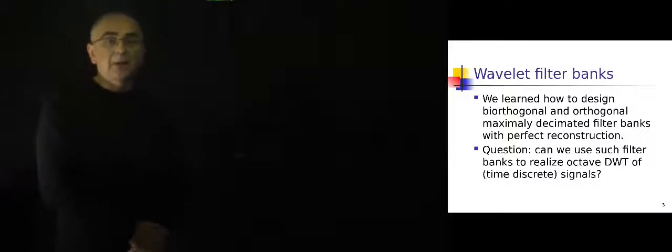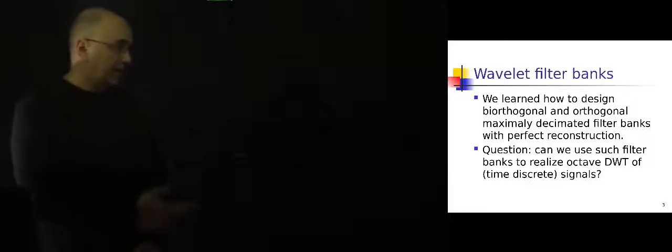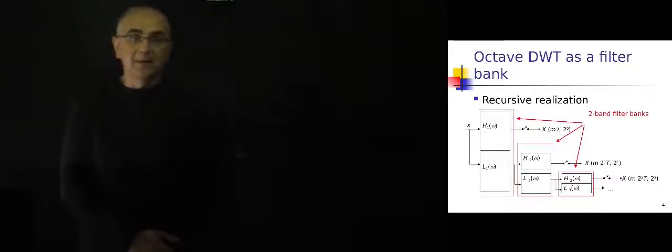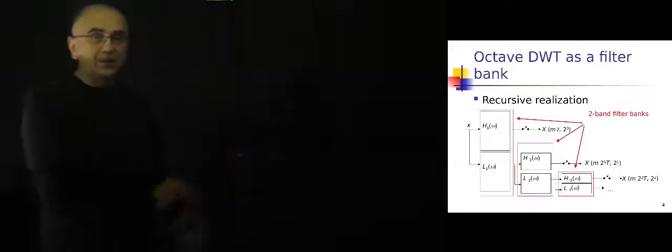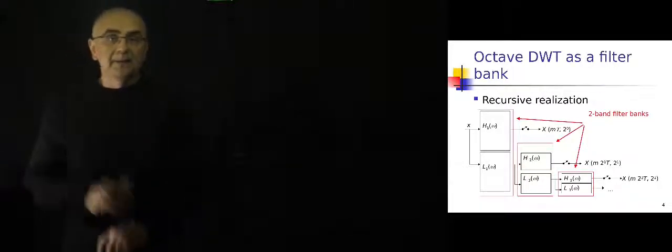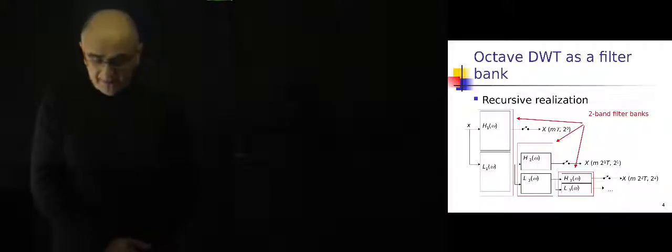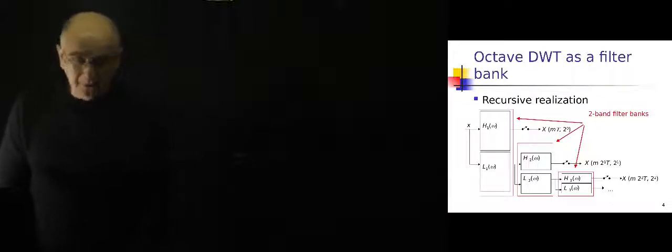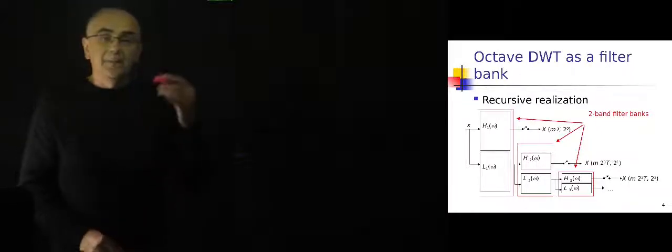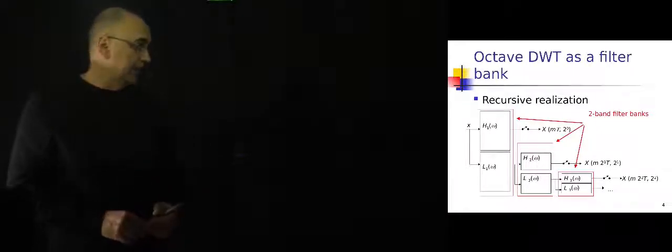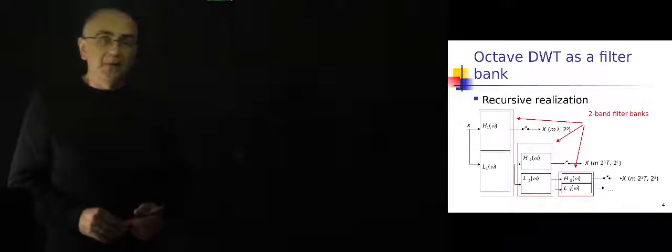So let's start with some kind of the optical resemblance between that analog structure and what we had when we were talking about the filter banks. So right there you can see analog filters that are actually used for the realization of the octave discrete wavelet transform.